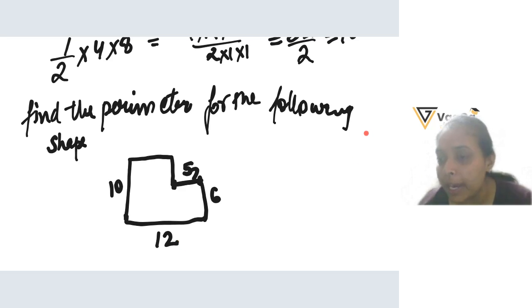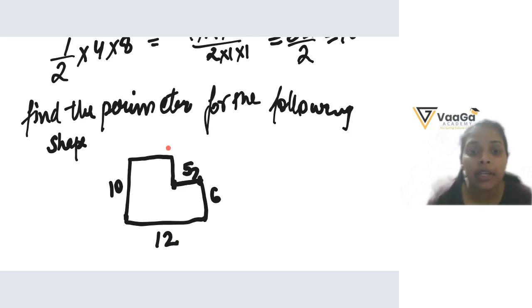Now see, look here. See, if this side is 12, this means from here to here the whole thing is 12.